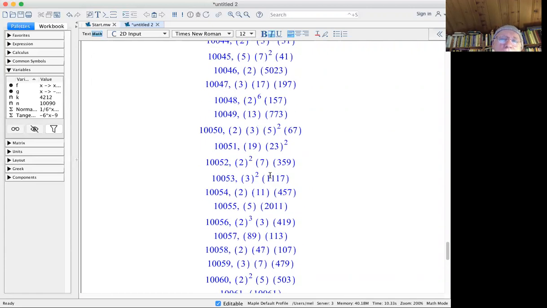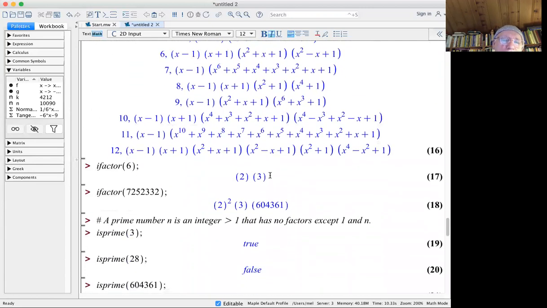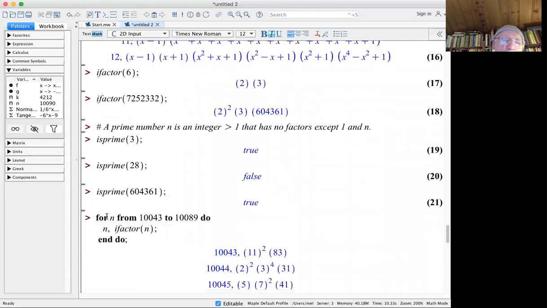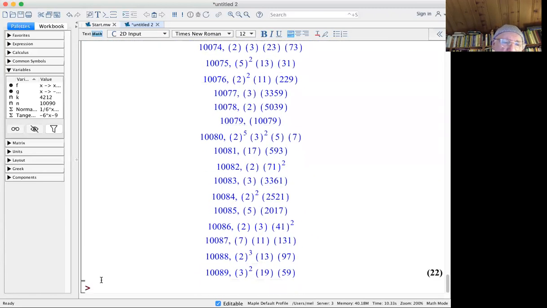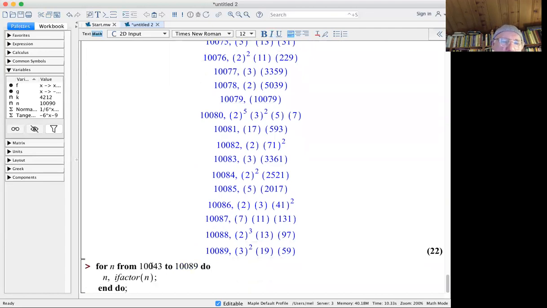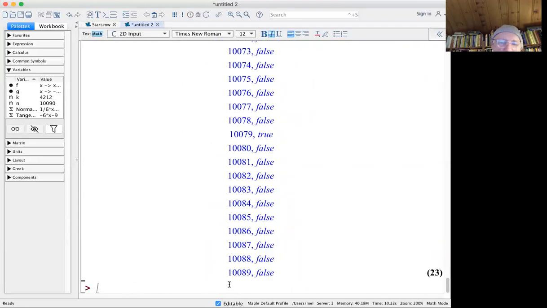Suppose I want to know which of these numbers is prime. I could have said the following. For n from here to here, isprime n. So this will give me true or false. True if n is prime, false if n is not prime.